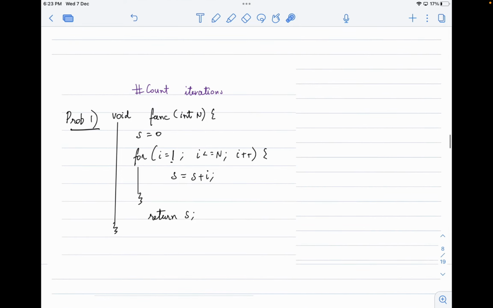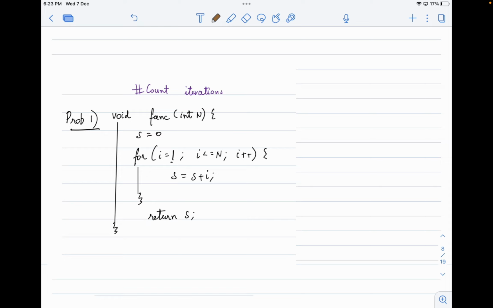So in this situation, how many iterations are happening? Suppose you have 1 and your n is 5000, how will you say that 5000 iterations are happening? There must be some common way or formula by which you can easily say that the iterations are counted using this formula.